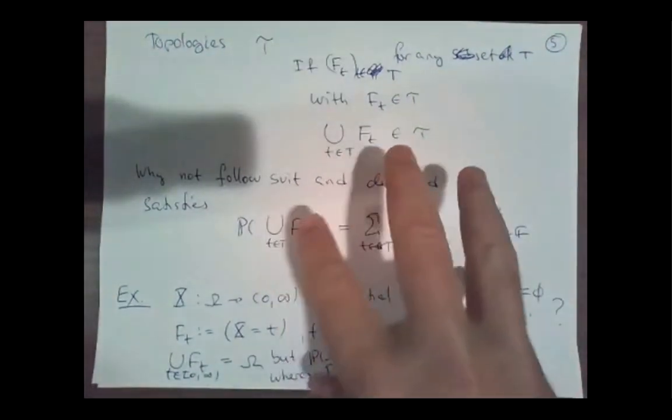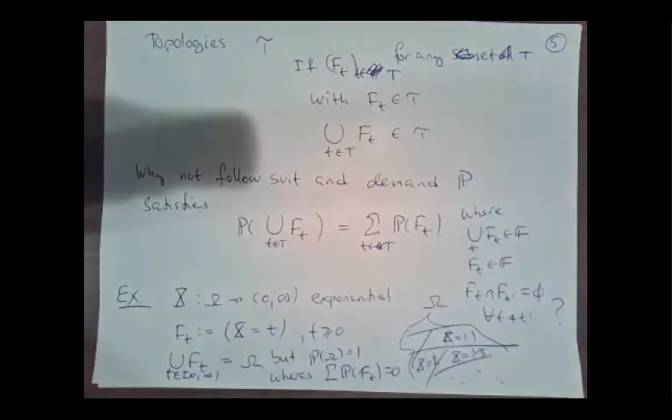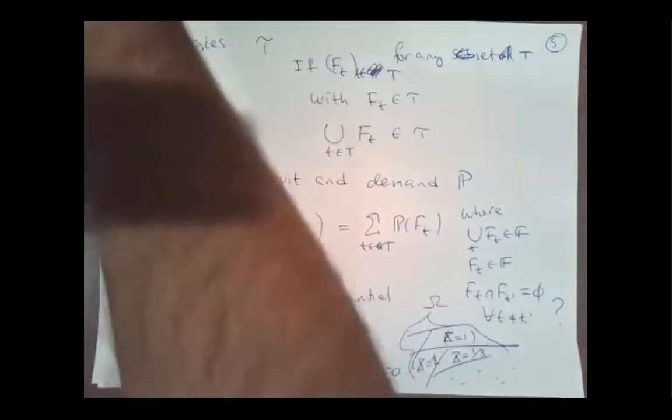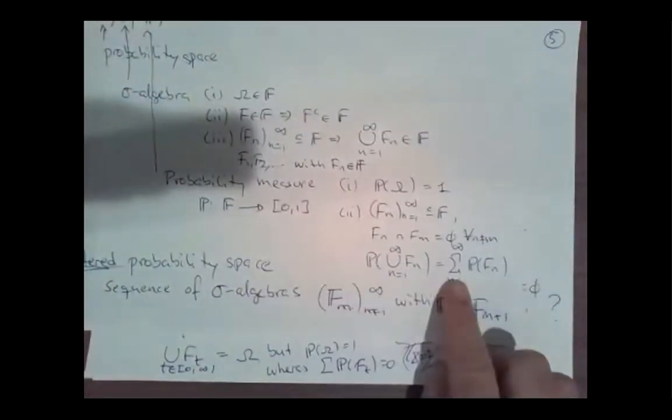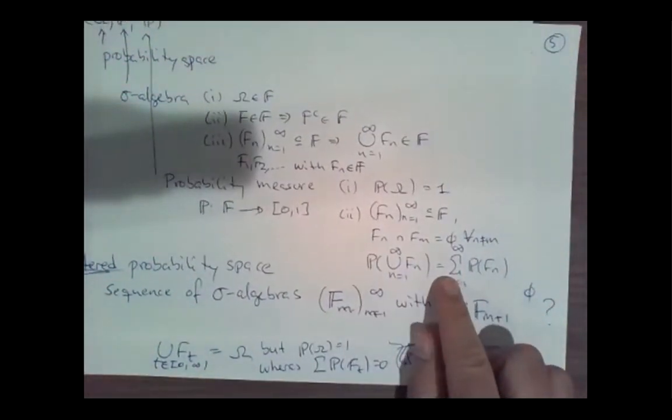Here's an example of why it does not work so well together. You can get some things to work, but not stuff like this. It is way too much to demand that you can take arbitrary disjoint unions and hope for your probability to work like that.